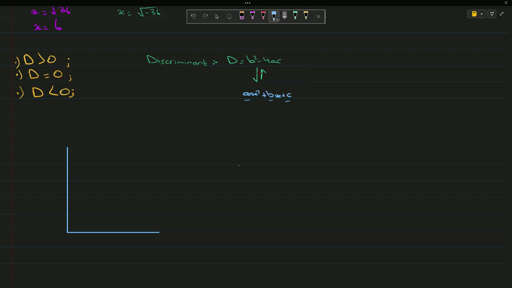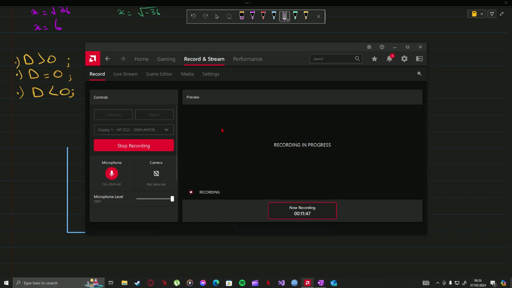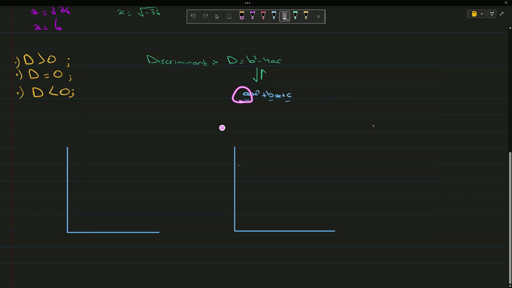And another thing to learn, which I forgot to tell you guys about, is also this A. What is this A? This A is basically the coefficient of x square. Now, this thing denotes two things: whether this value A is greater than 0 or less than 0.